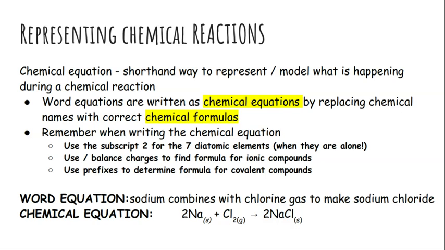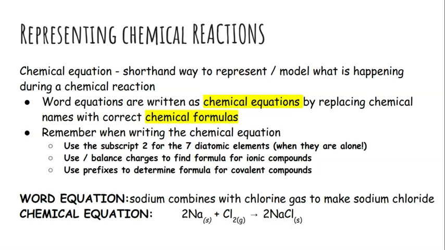If I replace those names, sodium and chlorine and sodium chloride, with the correct chemical formulas, I end up with a chemical equation. So sodium, I'm going to replace the word sodium with the element symbol for sodium, Na, and I'm combining it with chlorine, so I'm going to put a plus sign because I'm adding them together. And chlorine is one of my diatomic molecules, so I'm going to write Cl with a subscript of 2. And then my product is sodium chloride, an ionic compound.